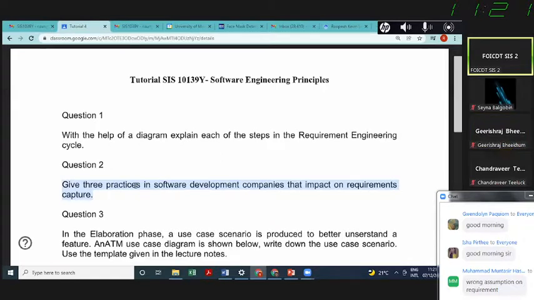Okay, I think from Girish Raj here. I was thinking about this. So one practice in software development companies that impacts on requirements capture: let's say, for example, you're going to start on a project and you're setting very tight deadlines. In some way, what you're doing is encouraging the schedule to be compressed, and eventually you're going to encourage perhaps some important steps being omitted.